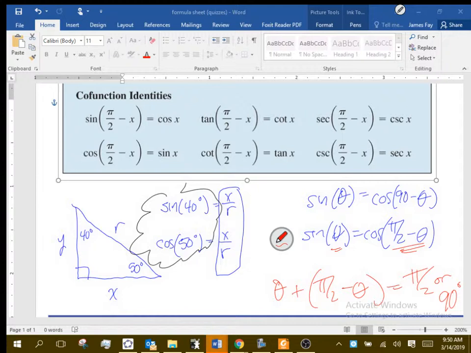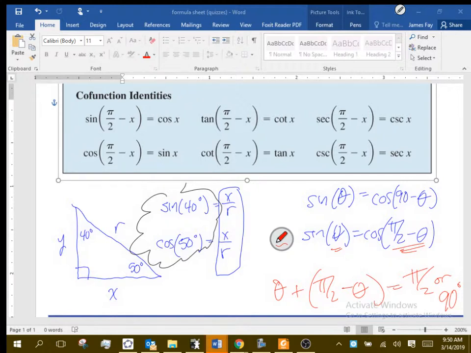Two angles that add up to 90 degrees are complementary. Where does the co for cofunctions come from? The word complementary. Okay? So that's why sine and cosine are the same word, but one has the prefix co in front, right? Because there's a complementary relationship. We call them cofunctions. Okay? The co is a complementary concept.